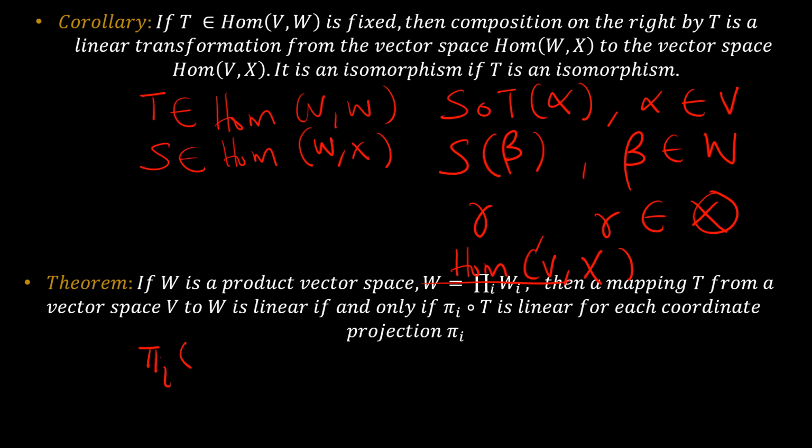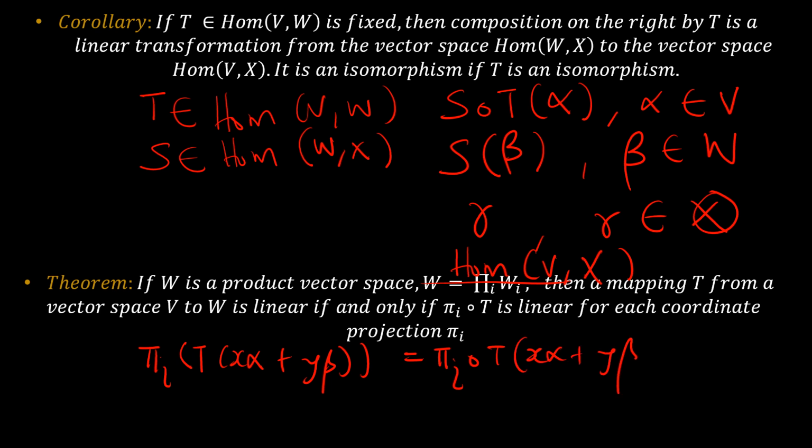pi i of T of x alpha plus y beta, the same way we did things before, is the same as, and we can pull these things out.